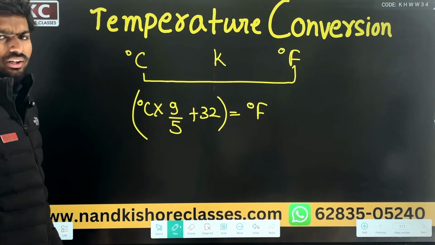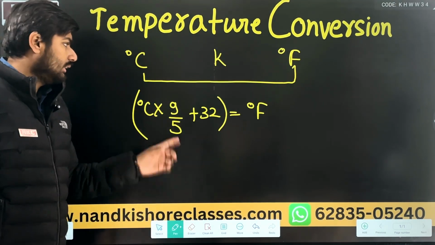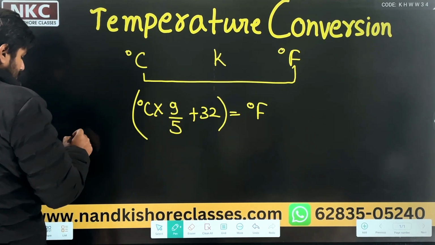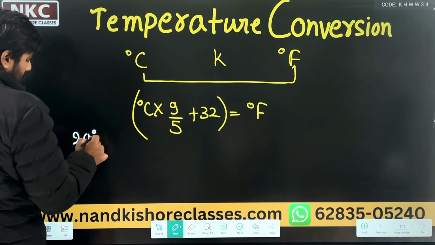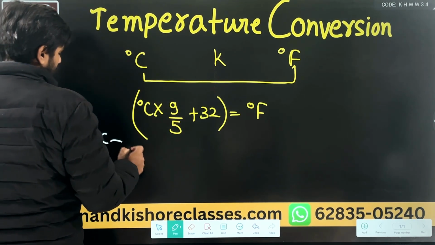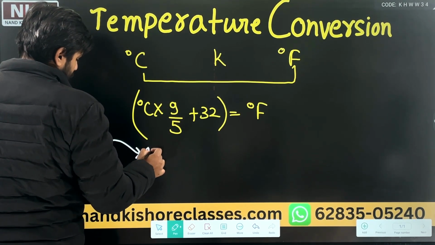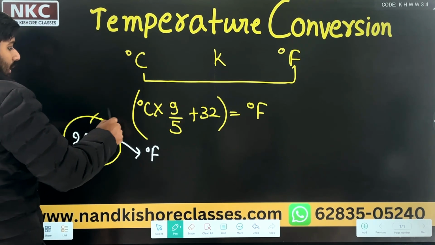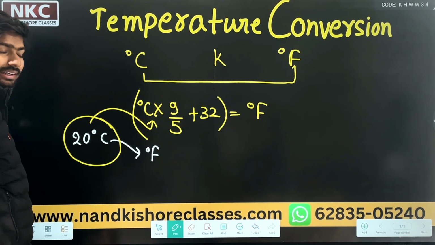It means that if you want to convert degree Celsius into Fahrenheit, let's suppose you have 20 degrees Celsius and you need to find it in degree Fahrenheit. You will simply multiply it by 9 by 5 and add 32.